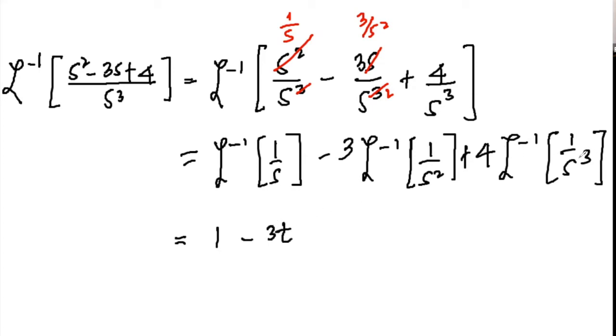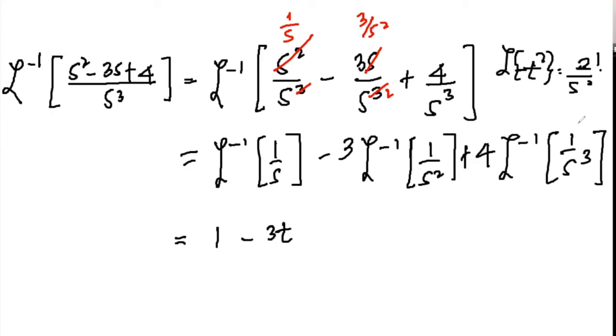And for the last term, we have 1 over s cubed. The inverse transform of this is similar to t raised to n. In this case, n plus 1 is 3, which means that n is 2. For t squared, remember that the Laplace of t squared should be 2 factorial over s raised to 3. So we have 1 over s cubed, and we just need to put 2 factorial here.